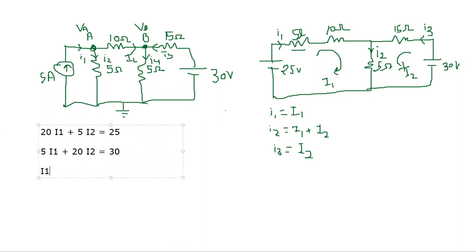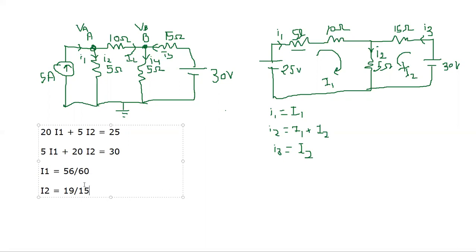So capital I1 will be equal to 56 divided by 60, and capital I2 will be equal to 19 by 15. So what is I1?